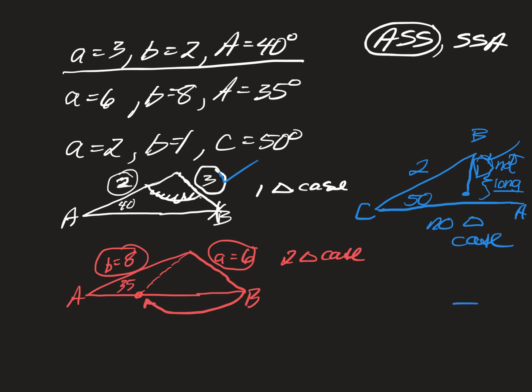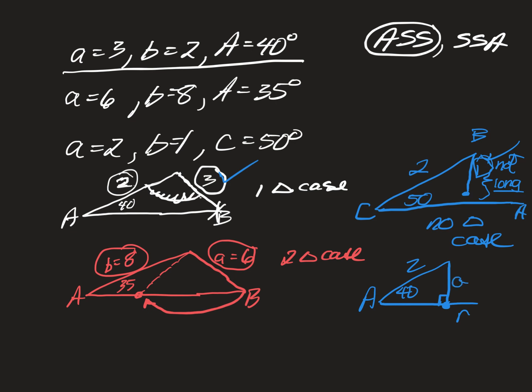And so in this case, let's say it's angle A and it's 40 degrees, and they give you 2 here. What happens if B is just the right length to reach? Well, then it makes a right triangle. Okay?